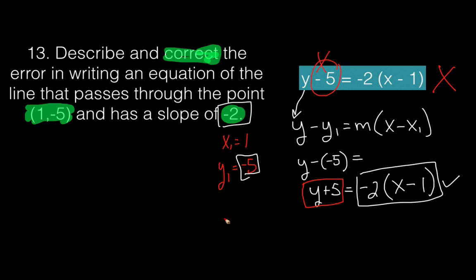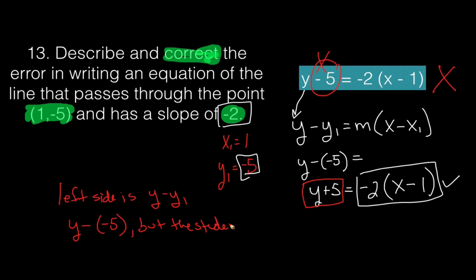Now, how would I put this in writing? You can put it in your own words, of course. The left side of the equation is y minus y1, which would be y minus a negative 5. But the student had y minus 5, which would indicate that it was actually a positive 5, but in fact it's a negative 5.